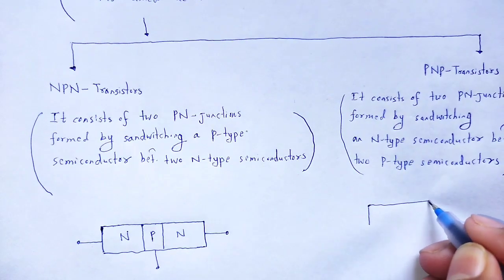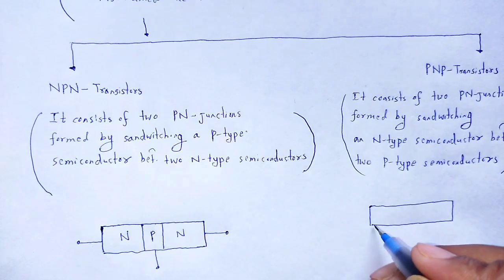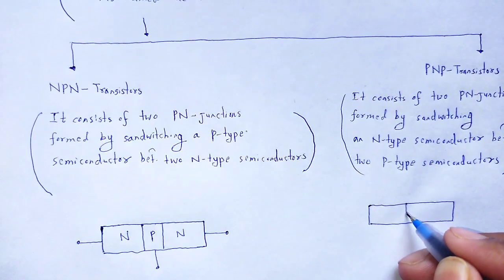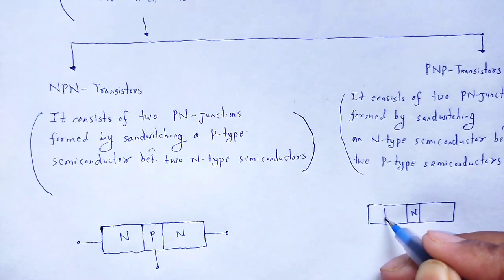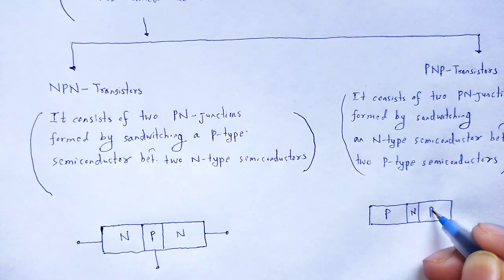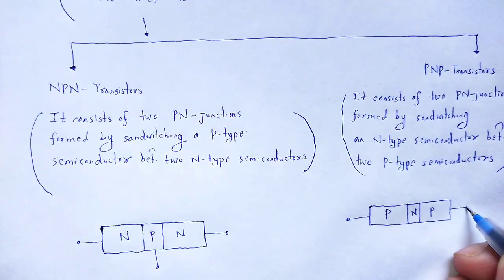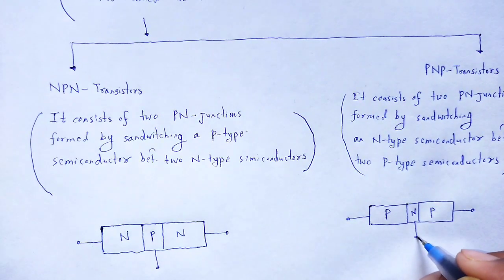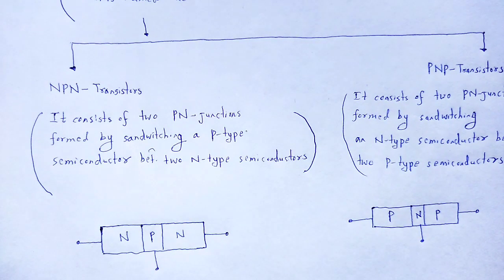Here the N-type semiconductor is sandwiched between two P-type semiconductors. As a result, we obtain PNP transistors.